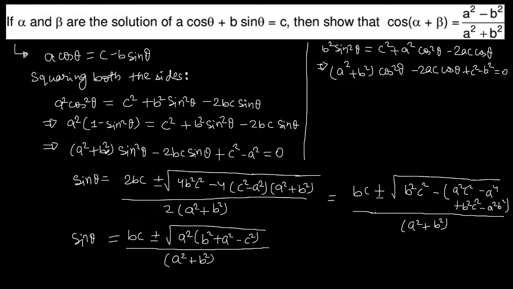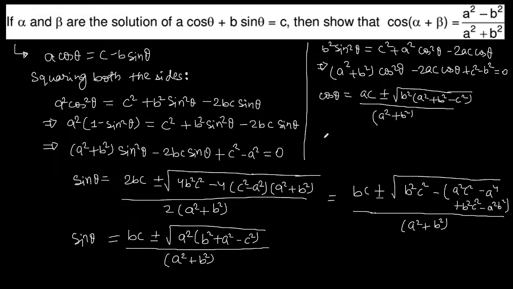So the difference we got is simply it was b, it was a, it is a, it is c. So cos theta will come out to be ac plus minus, in place of a we are going to get b, I think, and a square plus b square minus c square upon a square plus b square.